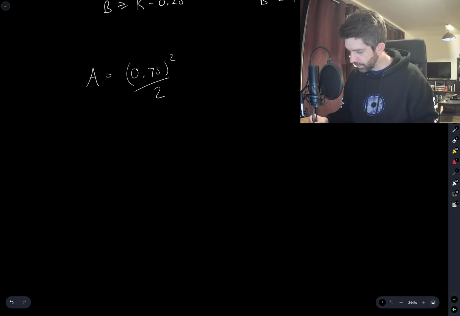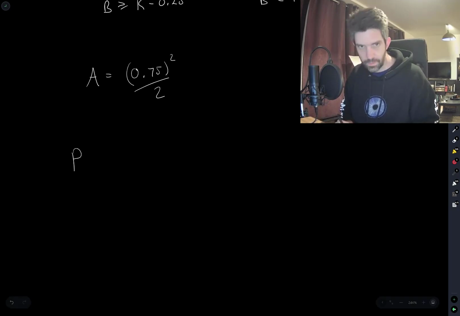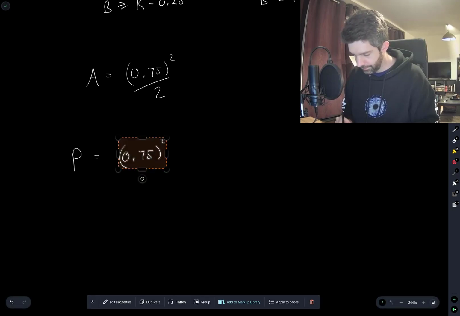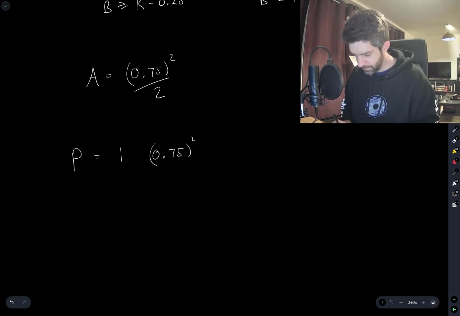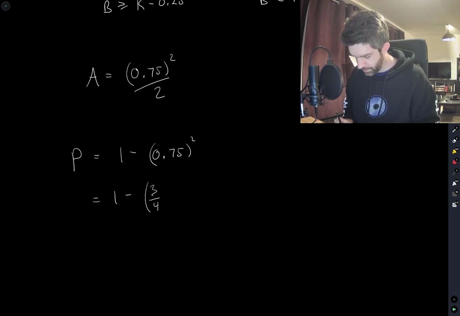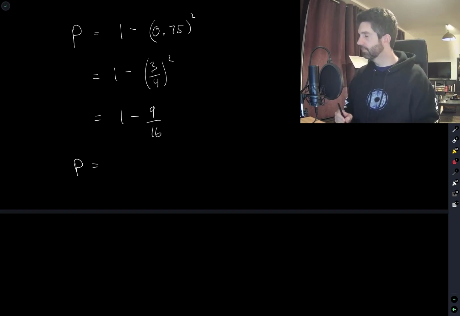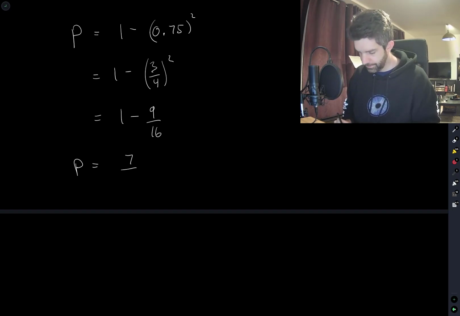So the probability that they meet is 1 minus this. So 1 minus 3 over 4 squared. 1 minus 9 over 16. So what is this? 7 over 16.